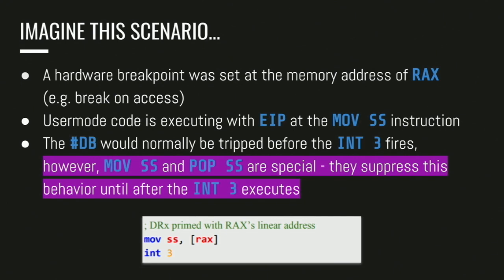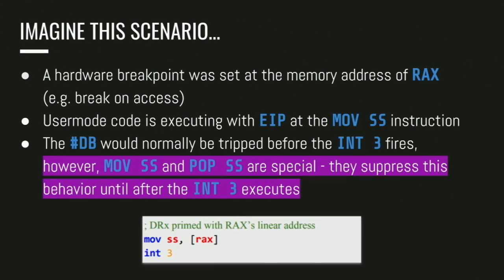If you've done at least some type of user mode Linux debugging or Windows debugging, you can actually set with the SetThreadContext function on a linear address, we could say that RAX is going to fire an int1 after it accesses memory. Now, what would normally happen is after MoveSS accesses memory, if RAX was actually primed with debug registers, it would fire an int1 after it finishes its execution.